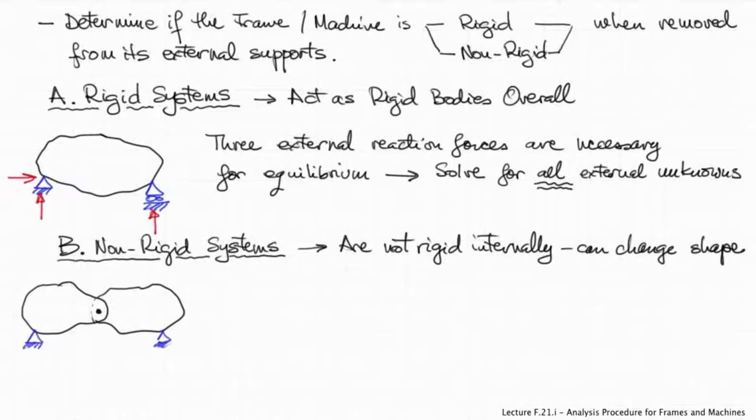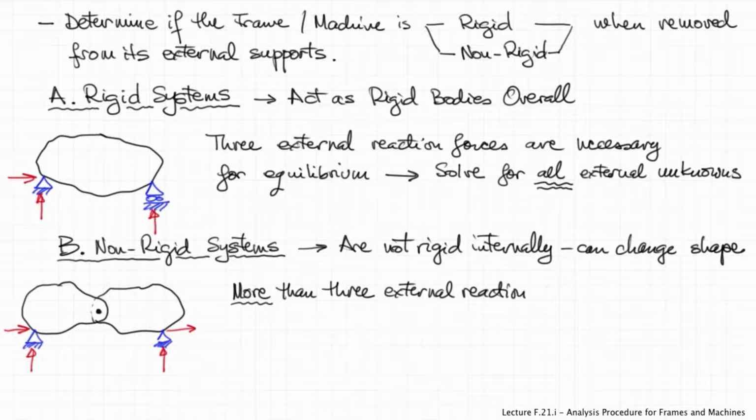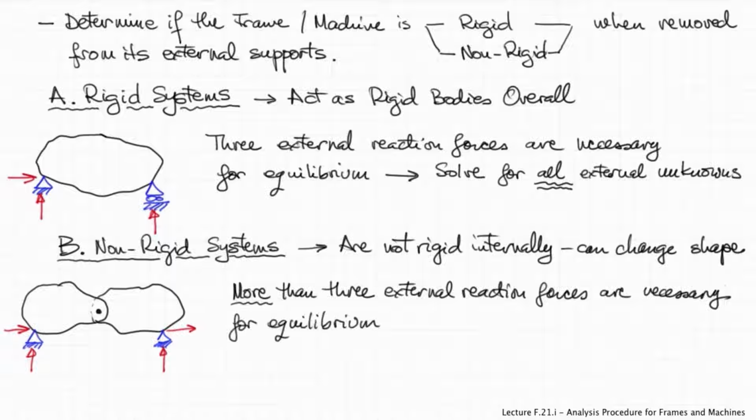Two rigid systems pinned to each other, and in order to achieve equilibrium, there are two external pins like so. So now if you count the reaction forces, you can see that there are more than three external reaction forces that are necessary. And those reaction forces above the first three are necessary to compensate for the internal instability of the member.